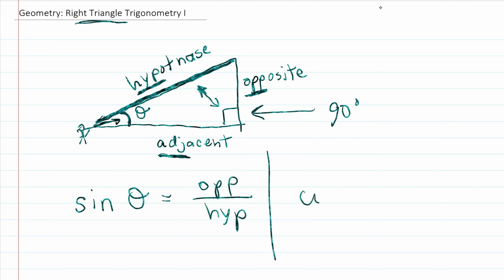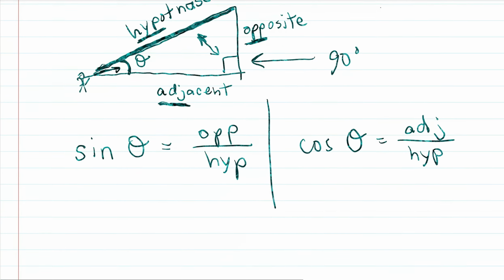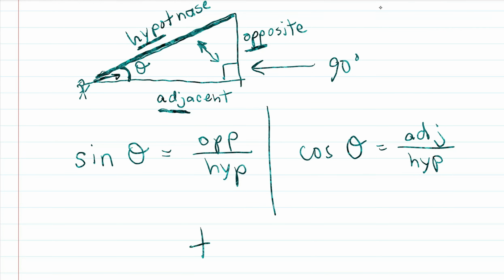The next one is the cosine of theta. The cosine of theta is the adjacent side over the hypotenuse. When we're talking about the sides, they're usually going to be some number value, like maybe 3 or 10 or 15, and maybe it's a real-world measurement in centimeters or meters. The last of the first three basic trig ratios is tangent.